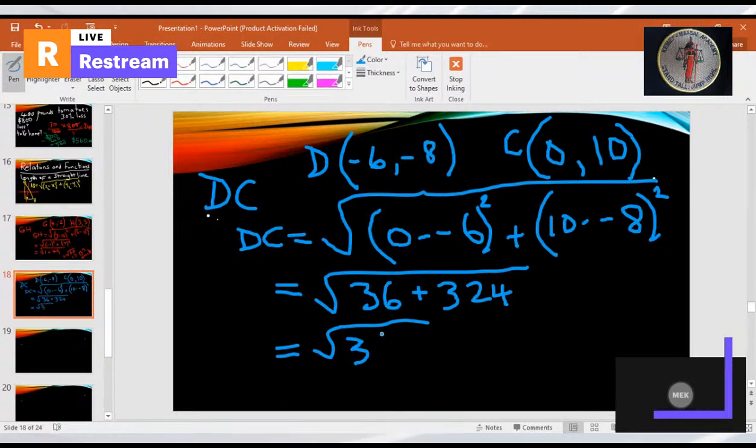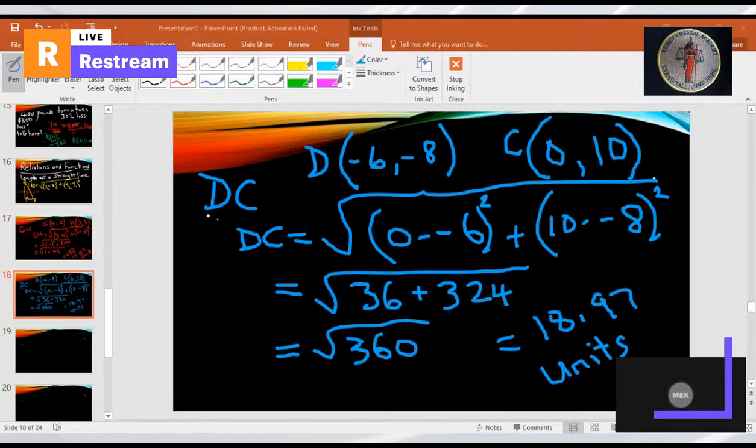And the square root is 18.97, and that would be in units. If we were asked to round it to a whole number, we just say 19 units. So that's the length of the straight line.